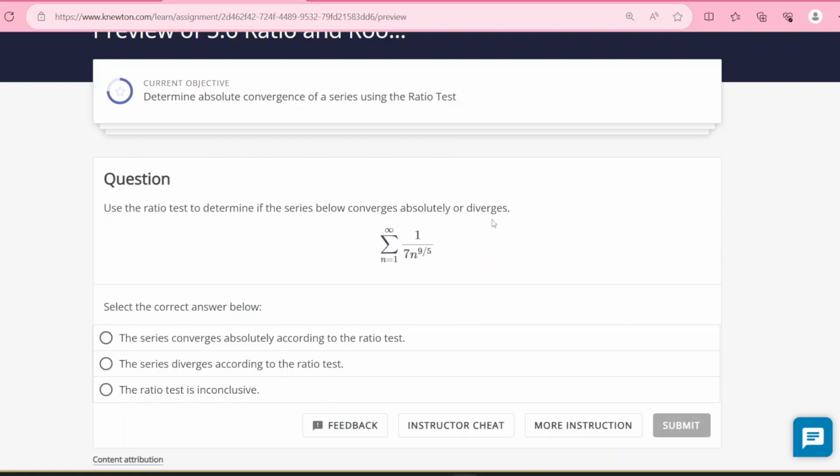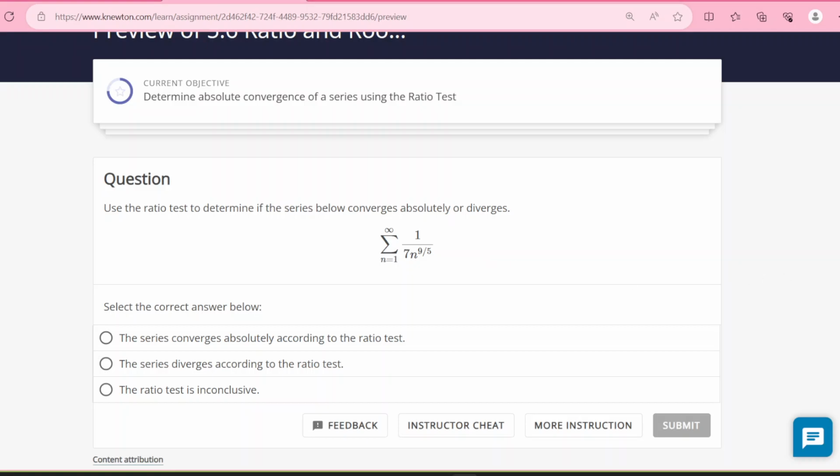And if you were to add up the terms of 1 over n to the 9/5, that'd be a convergent p series. And if the larger ones converge, the smaller ones converge as well. This would be convergent by a direct comparison to a nice p series. You could also do a limit comparison to 1 over n to the 9/5 and see that this is convergent. But we're not asked to do that. We are asked to use the ratio test to see if we can determine if the series converges or diverges.